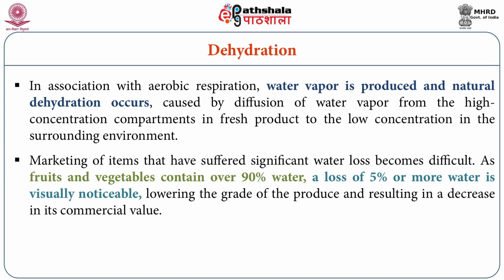Marketing of items that have suffered significant water loss becomes very difficult. As fruits and vegetables contain more than 90% water, a loss of 5% or more water is visually noticeable, lowering the grade of the produce and resulting in a decrease in its commercial value.